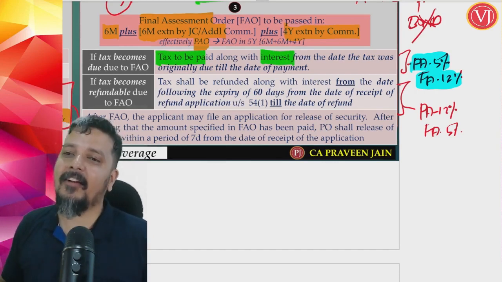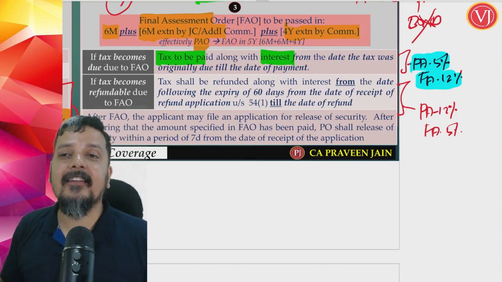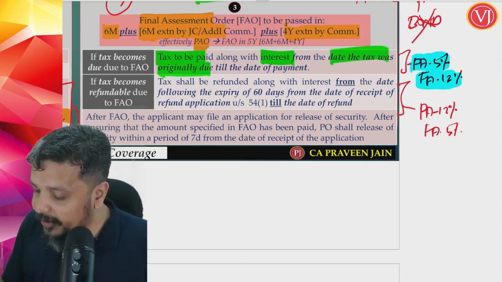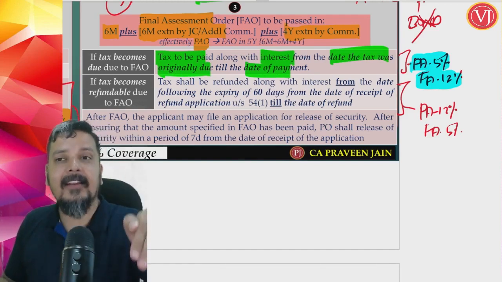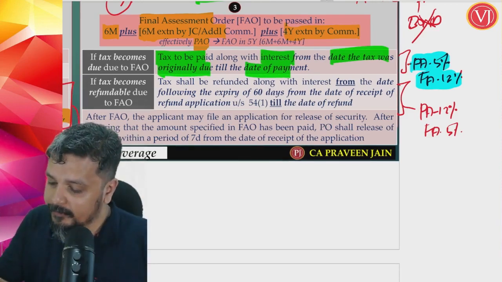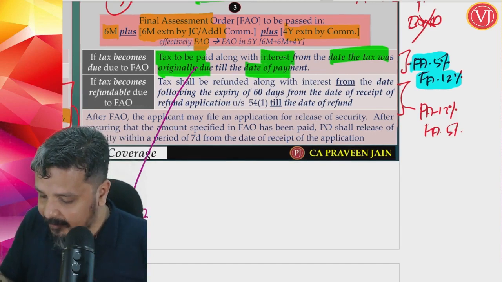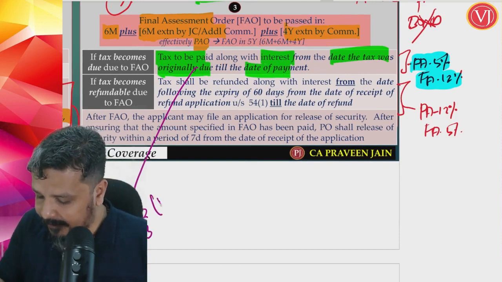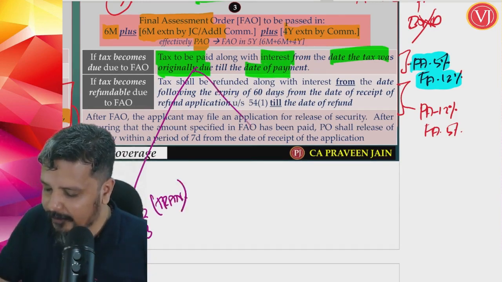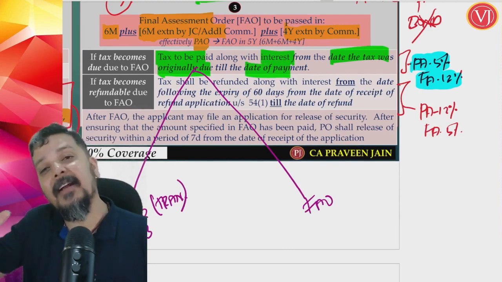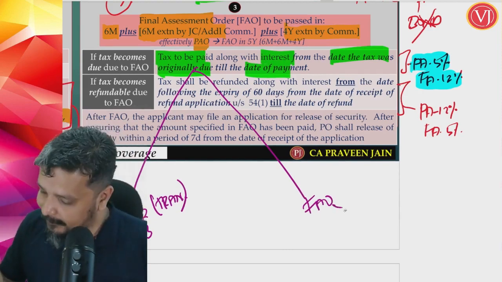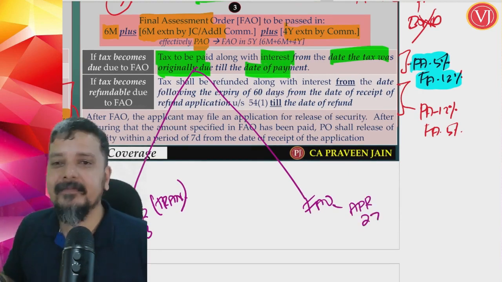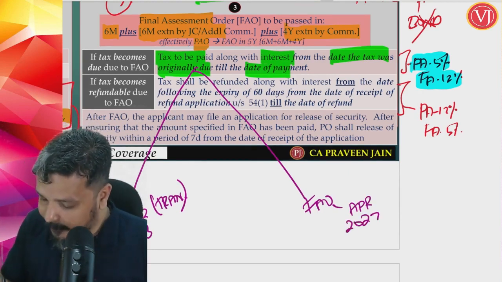Interest will start from where? Interest will start from the date tax was originally due. Assume that this transaction pertains to April 2023, and the final assessment order, assume that it has gone to commissioner, is given somewhere in April 2027.